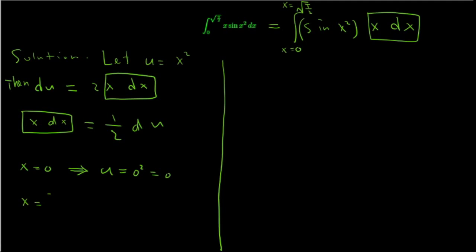When the x value is square root of half pi, basically you take the square of the x value and you get the u value. It's easy, right? The u value is equal to half pi. So that makes sense.